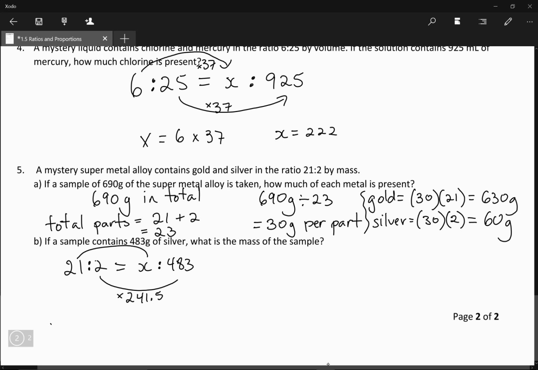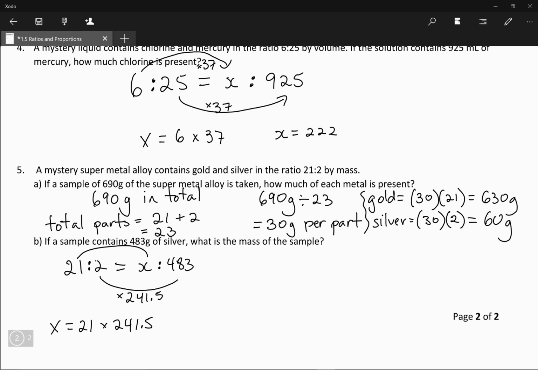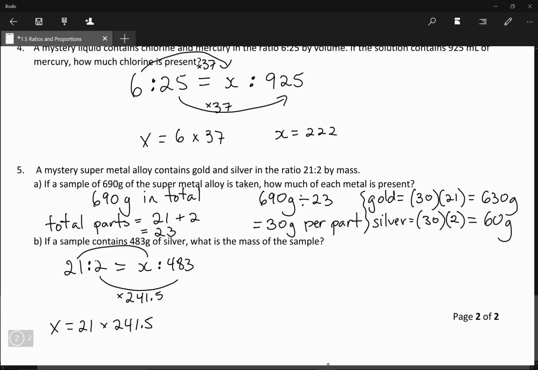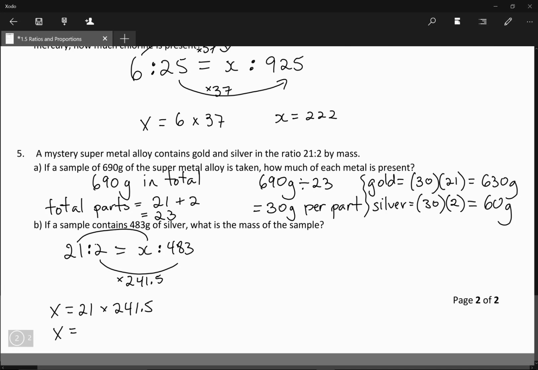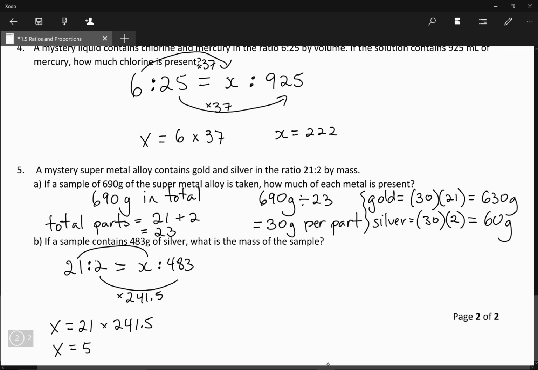So again, I have to take my 21 and multiply that by the scale factor, 241.5, and I'll get my value for x. Okay, and if I do that, I'll get a huge value for x, 5,071.5. So let me just write that down here. So x equals 5,071.5.